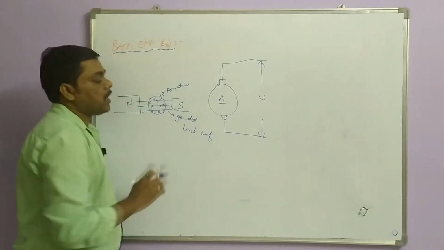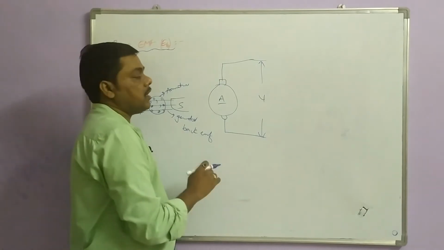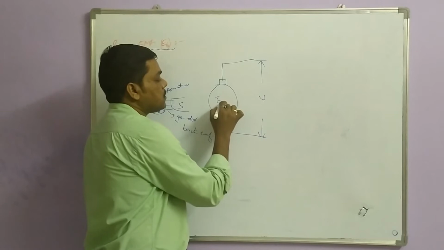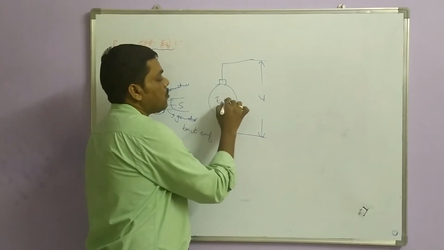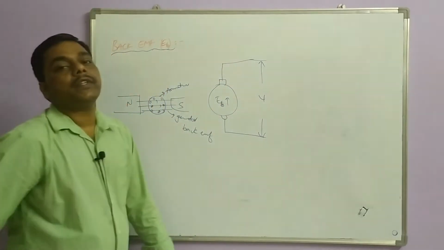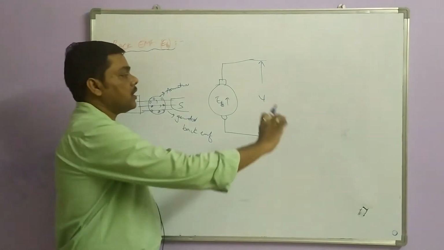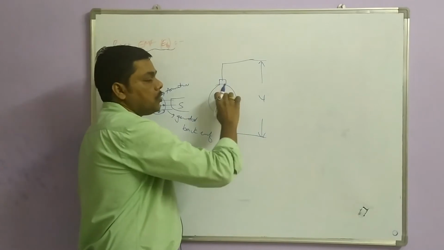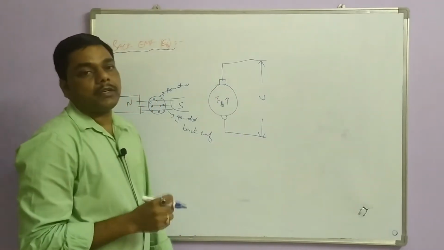So why are we not saying it is a generated EMF? Since this back EMF or generated EMF in the armature conductors is in the opposite direction to the given supply voltage. We are giving the supply through commutator brushes.